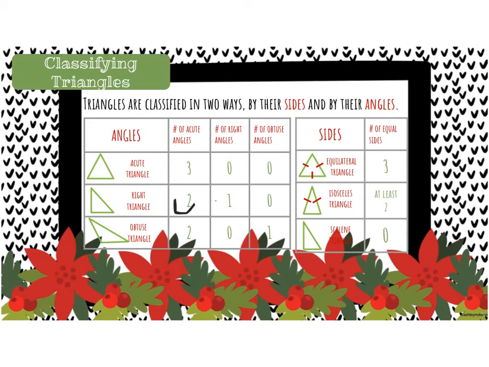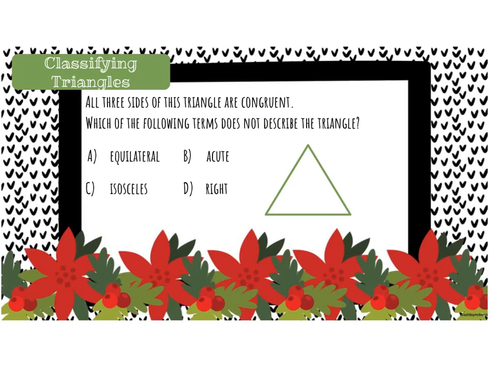Part A says at least two. All three sides of this triangle are congruent. What does congruent mean? The same. Which of the following terms does not describe this triangle? Would it be equilateral?